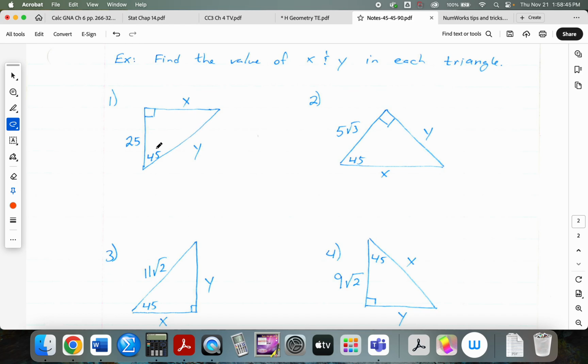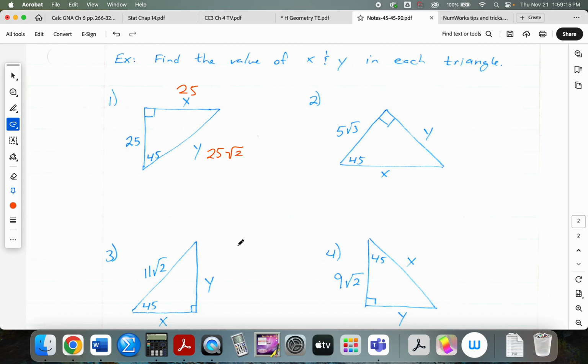Now notice they only wrote the 45 and the 90, but that means the other angle has to be 45, so the angles add up to 180. The two legs are going to be the same, so if that's 25, so is x. And to find the hypotenuse, we just take the leg, 25, and multiply it times the square root of 2. And we don't have to do anything to this. That's already simplified.